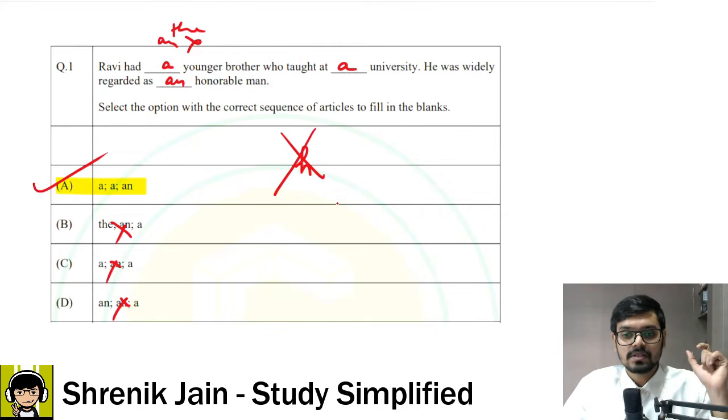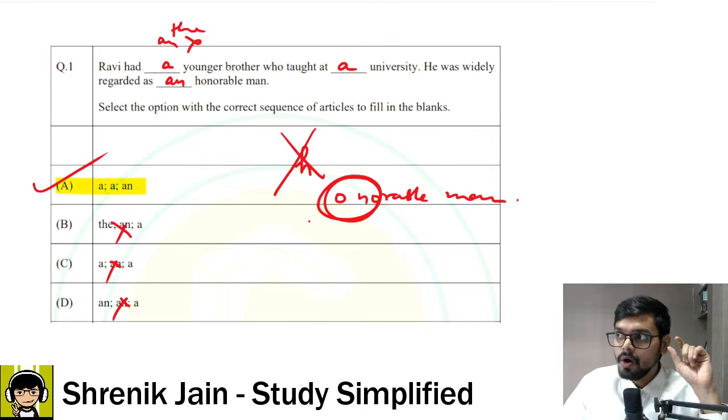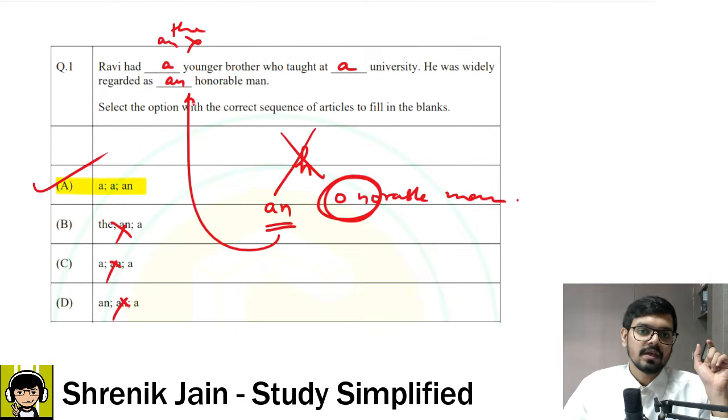While speaking, we say honorable man. So at the start, what do you hear? Honorable. So we hear a vowel sound. If a vowel sound is there, an will come. Therefore, we are using an as the article. Understood? Why the correct sequence is a, a, and an.